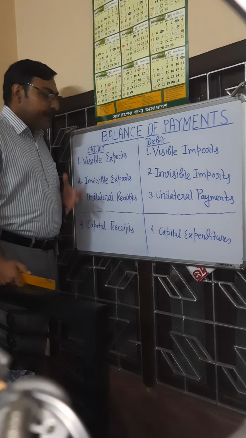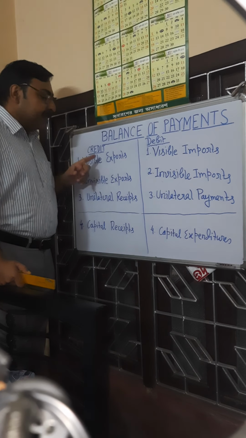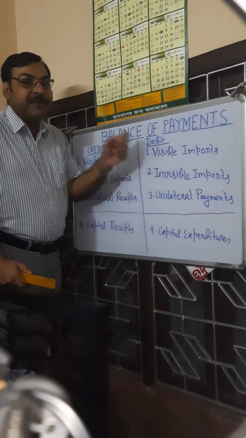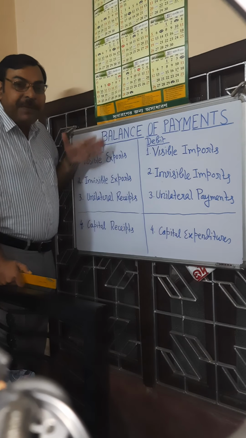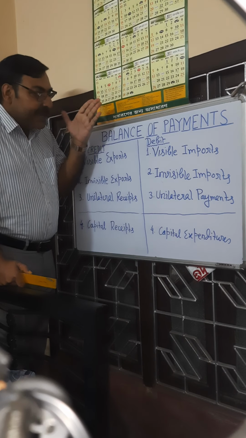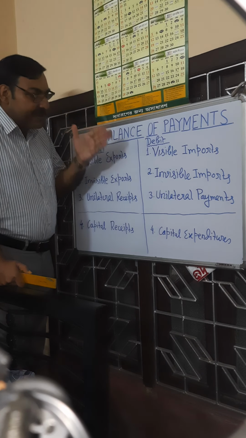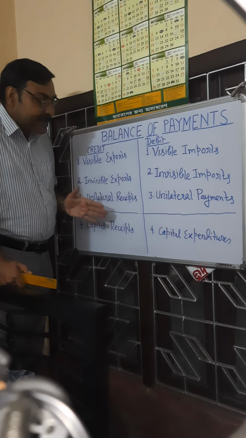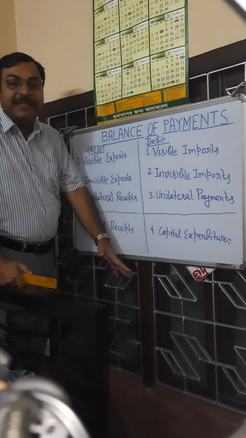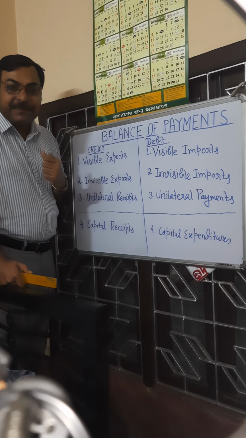So, balance of trade only considers visible exports and visible imports. But balance of payment is a comprehensive, broader concept, including visible items, invisible items, unilateral payments and incomes, capital transfers, etc. It's a broader concept.